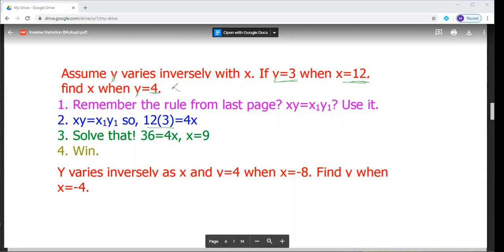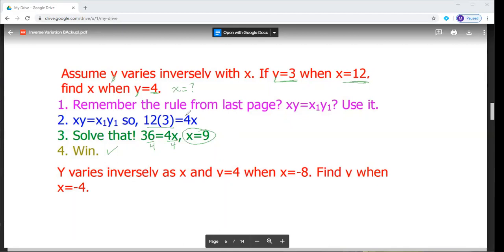We have to find our x. So 12 times 3 equals 4 times x. That's pretty darn simple. That's just 36 equals 4x. Divide by 4, x equals 9. Just like that, okay? Win.